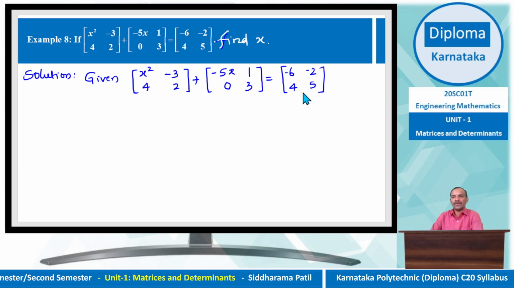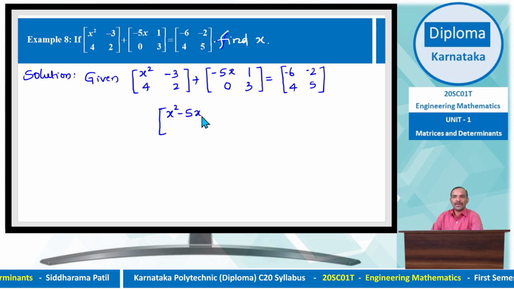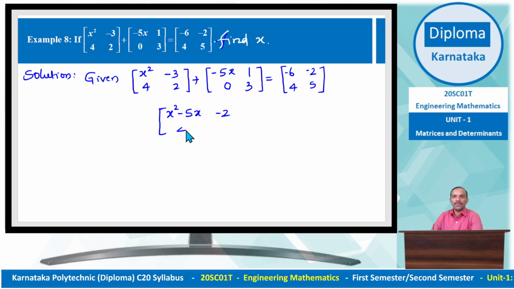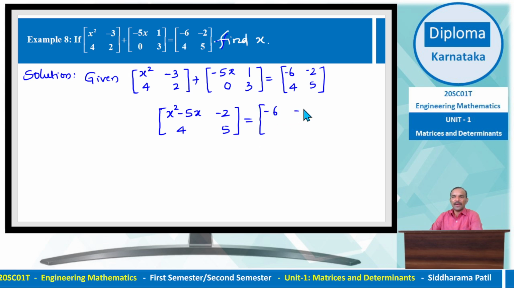Now to find the value of x, add the left hand side terms. If you add, what are you going to get? x square minus 5x, minus 3 plus 1, that is minus 2, 4 plus 0 is 4, 2 plus 3 is 5. Equal to minus 6, minus 2, 4, 5.